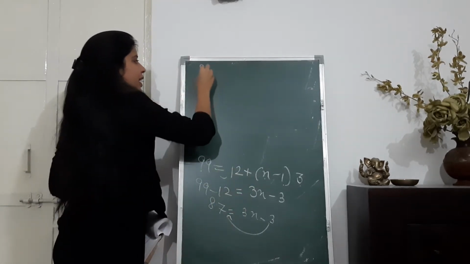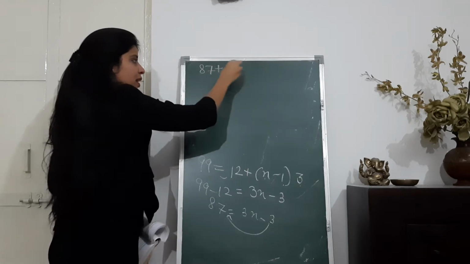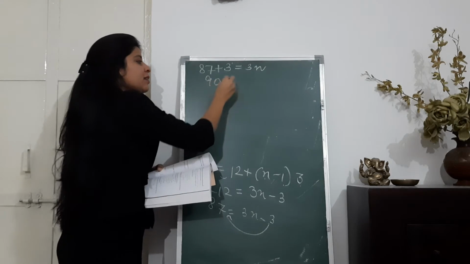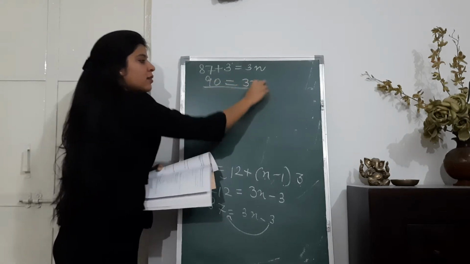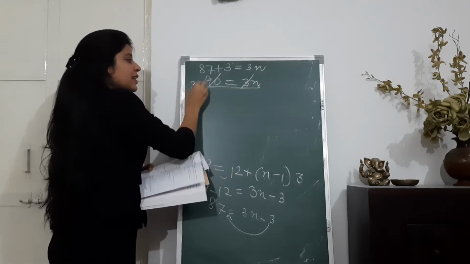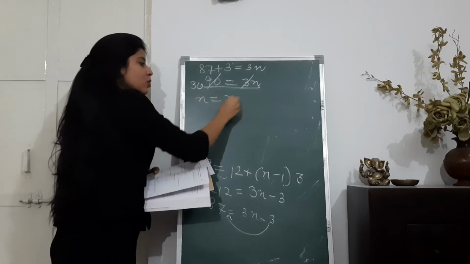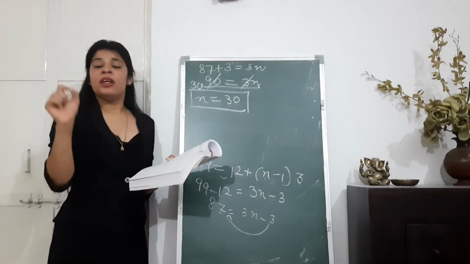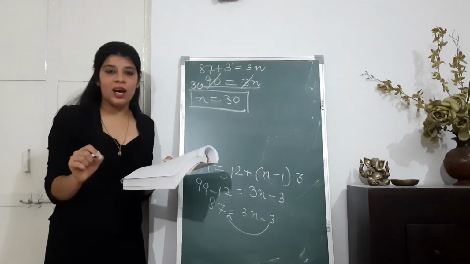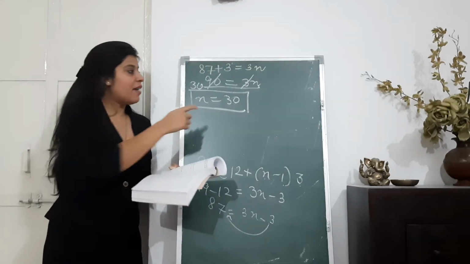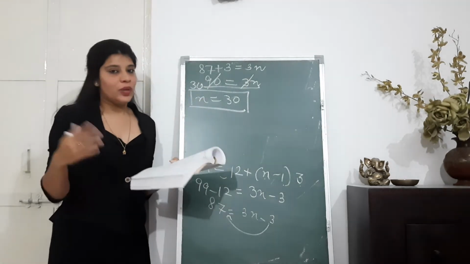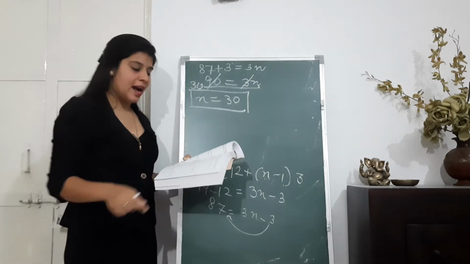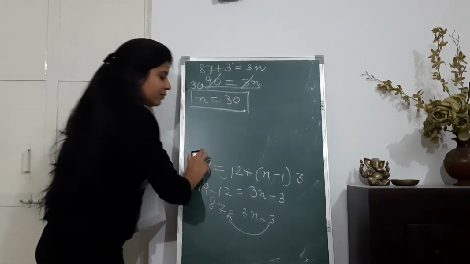So I have 87 plus 3 is equal to 3n, which is nothing but 90 is equal to 3n. 3 thirties are 90, so n is equal to 30. So clearly we have 30 two-digit numbers which are divisible by 3. Okay, that's our answer. Let's move to next question.